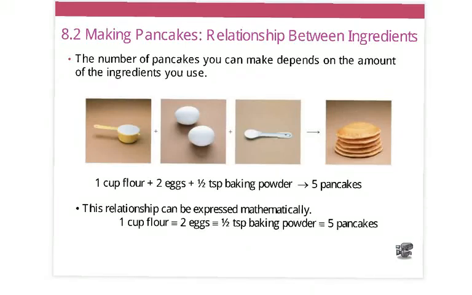Let us talk about quantities in chemical reactions by using the analogy of making pancakes. Now, in chemical reactions, we've seen the law of conservation of mass that says mass is neither created nor destroyed, it is conserved. So whatever we have on the left side of the equation of reactants, we should end up with the same mass on the right side for our products.